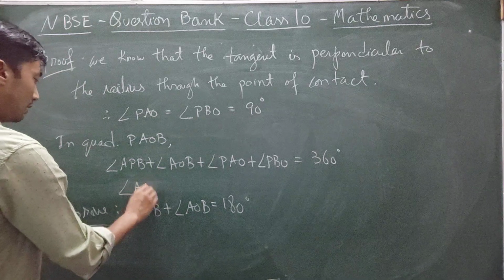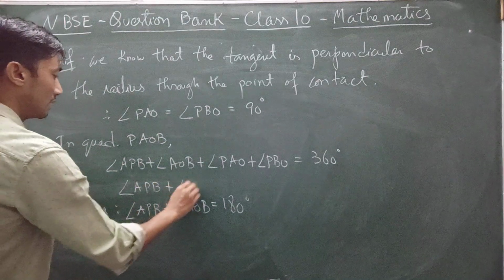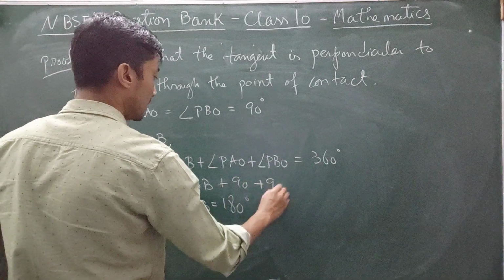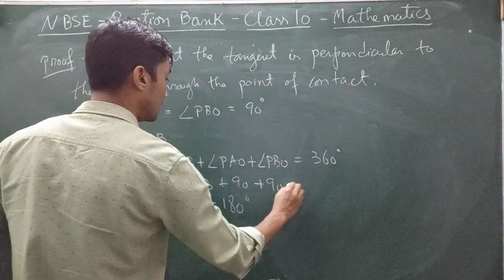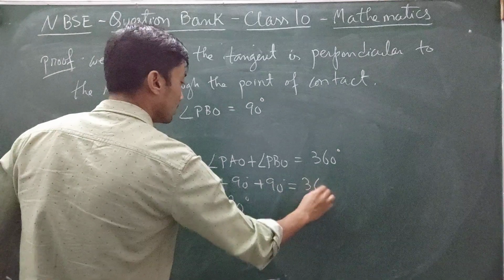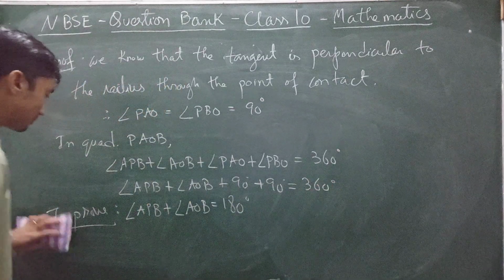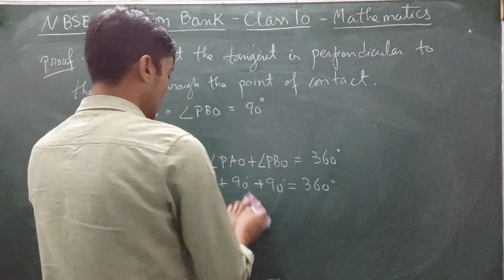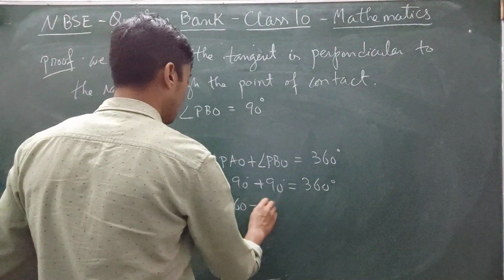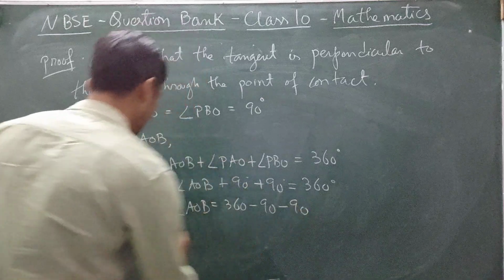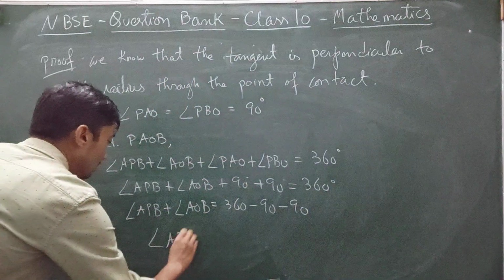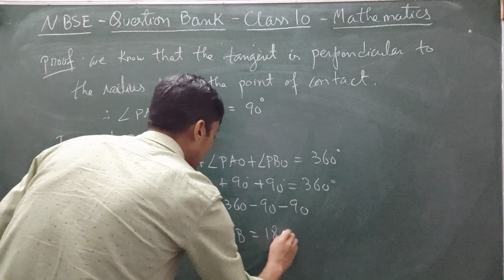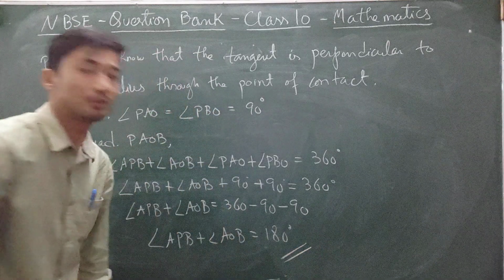So angle APB plus angle AOB plus 90 plus 90, already proved above, equals 360 degrees. Therefore angle APB plus angle AOB equals 360 minus 90 minus 90, so angle APB plus angle AOB is equal to 180 degrees, hence the proof.